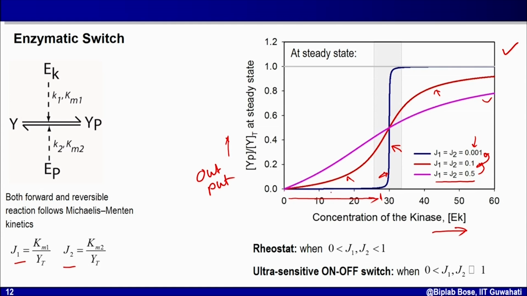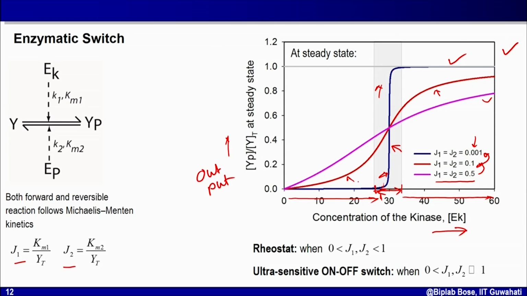Output remains close to 0. Then all of a sudden, a slight change in Ek will cause a sharp rise in the output, that is Yp by Yt, and I will reach saturation. So this region shown in gray mark is the very sensitive region, we call it the ultrasensitive region. Here a slight change in the value of Ek will sharply change the value of Yp by Yt, and then in the rest of the region I will remain at the higher value.